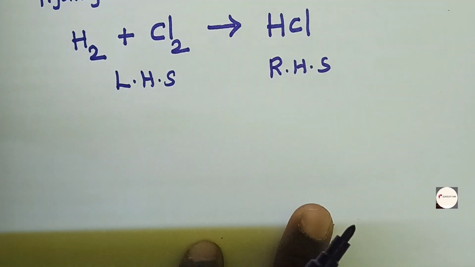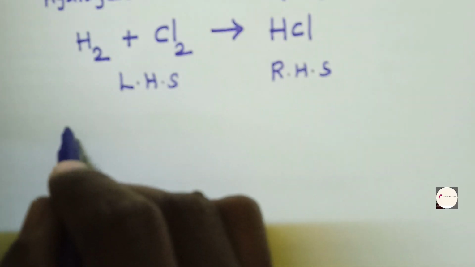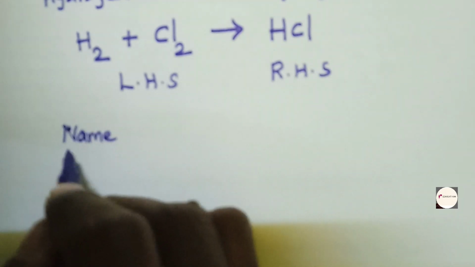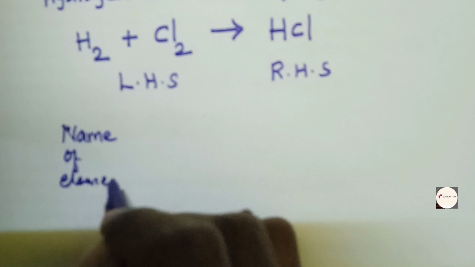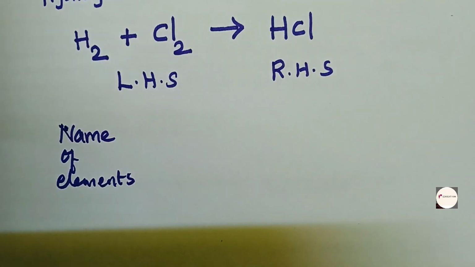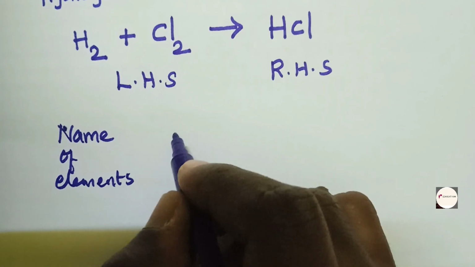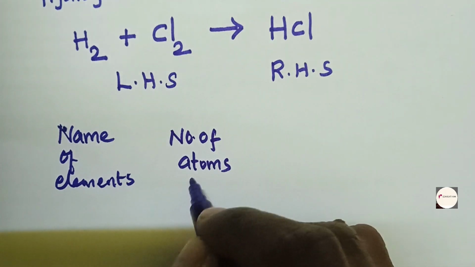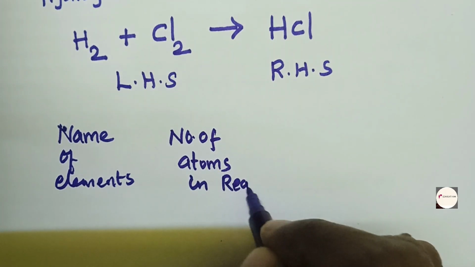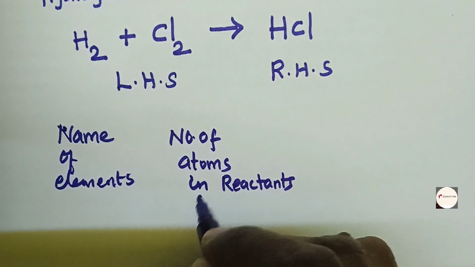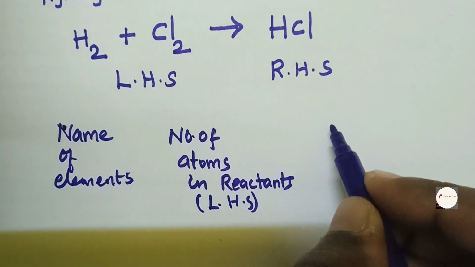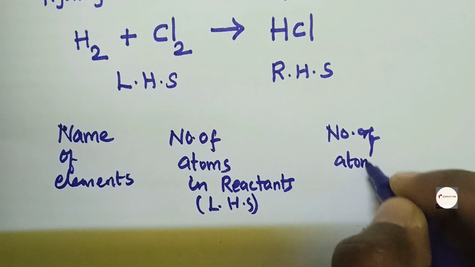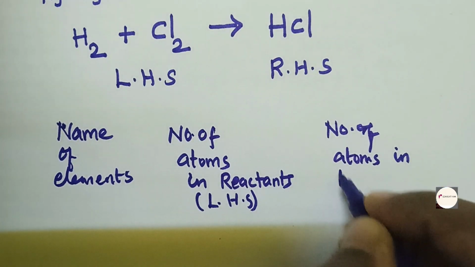Okay, so first you have to write the elements, and next the number of atoms in the reactant side, that means the left hand side, and here the number of atoms in products.